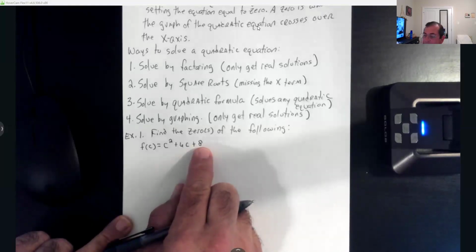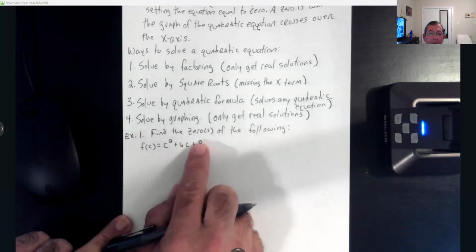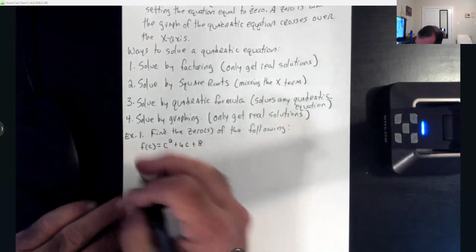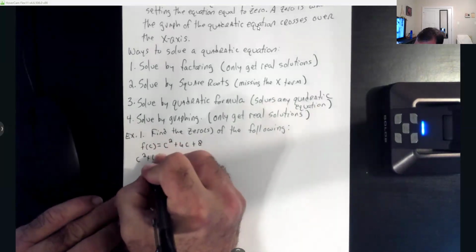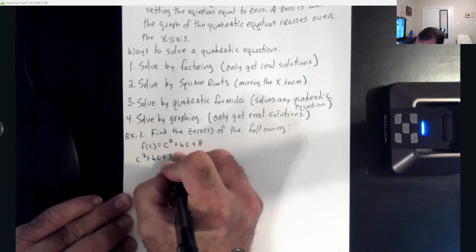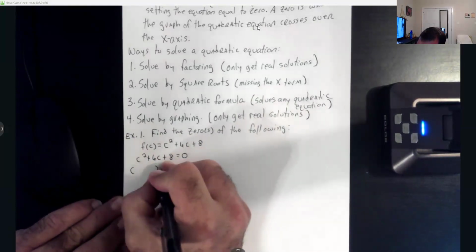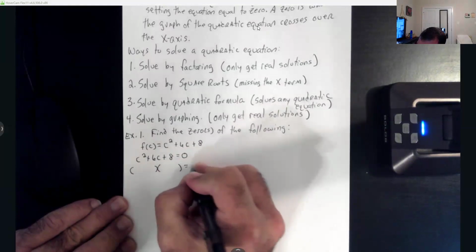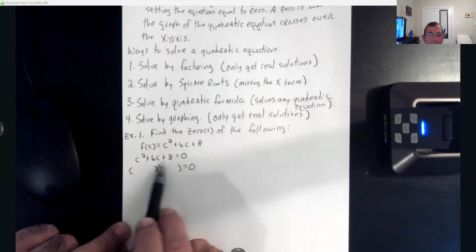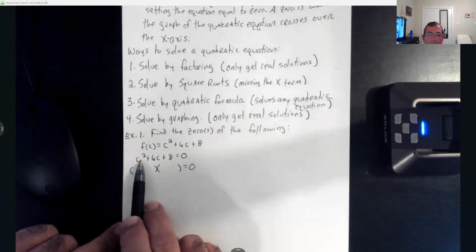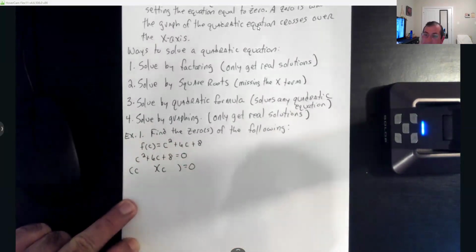Okay, because I can find factors of 8 that'll add to get me a 6 in the middle. So since I know this will factor, I'm going to set it equal to 0. And then we're going to factor this trinomial. So you got a c squared, so that's going to put a c in front of both parentheses.